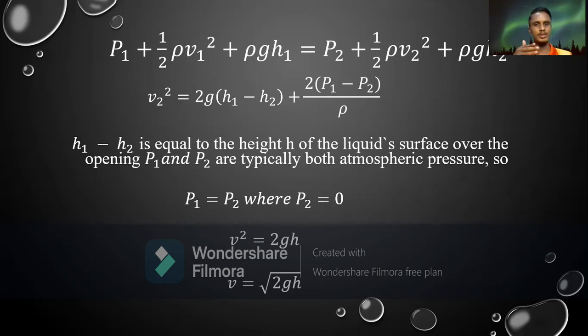Finally we end up with v2 squared is equal to 2gh, or v squared is equal to 2gh. So now v is equal to the square root of 2gh. That's how we get the Torricelli theorem. I'll pass it to my friend.